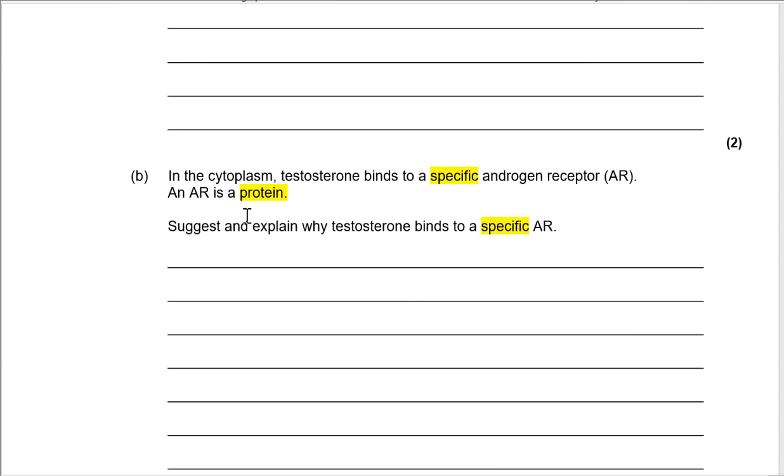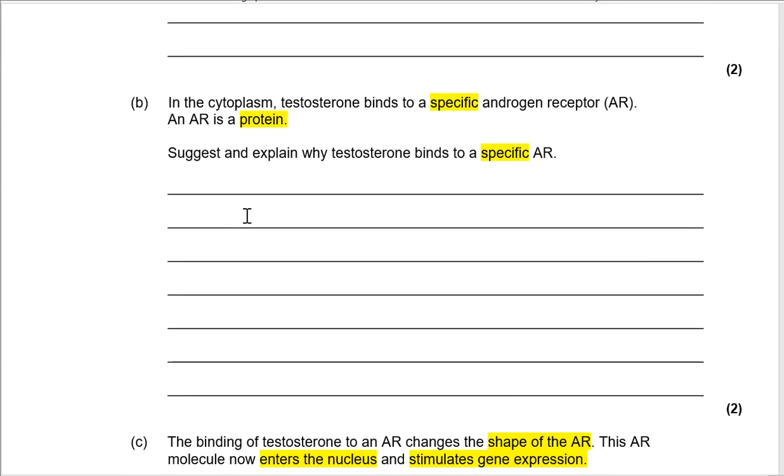Question number 2. In the cytoplasm, testosterone binds to a specific androgen receptor. AR is shorthand for the androgen receptor, which is a protein. Suggest and explain why testosterone binds to a specific AR. This is a bit tricky.